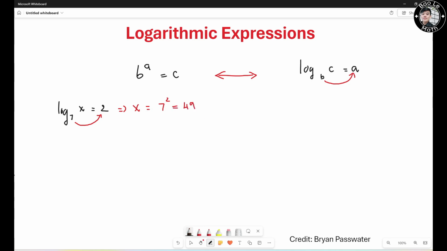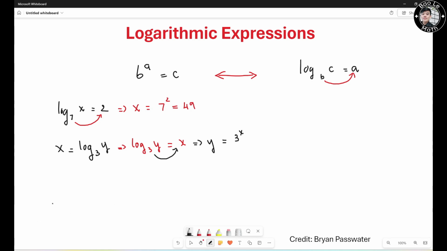Let's take a look at the next one. For example, if I have s equals log base 3 of y, I just rewrite this as log base 3 of y equals s. I draw the arrow like this, and then I'm going to have y equals 3 to the s.